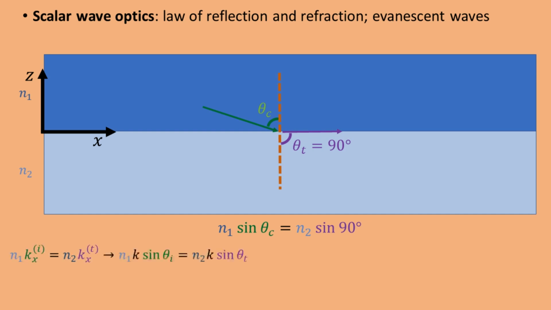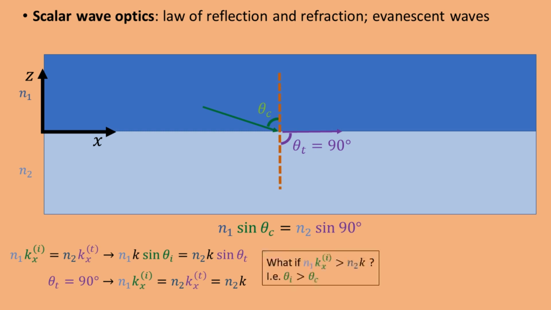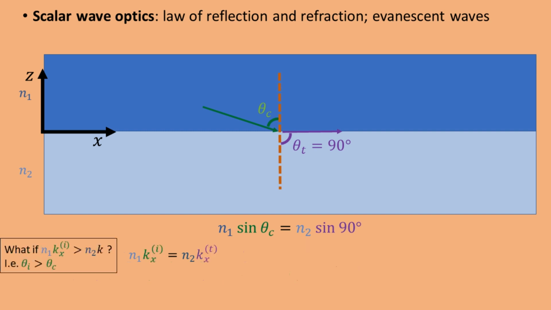We saw that we could write this equation in terms of sine theta i and sine theta t. At the critical angle, theta t is equal to 90 degrees, so in that case n1 kxi is equal to n2 k. So if n1 kxi is larger than n2 k, the incident angle is larger than the critical angle. What will happen to the transmitted wave vector?